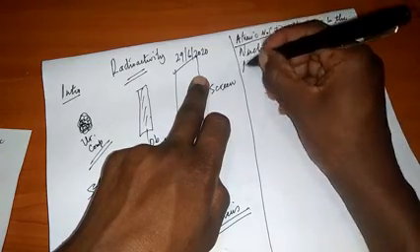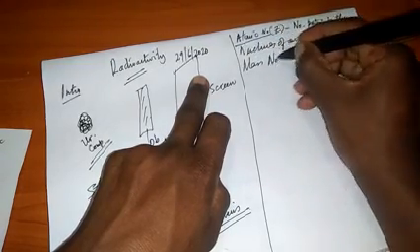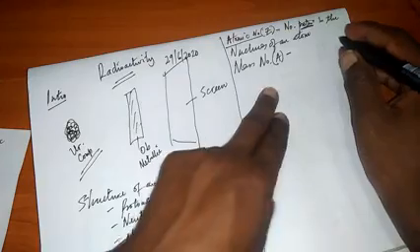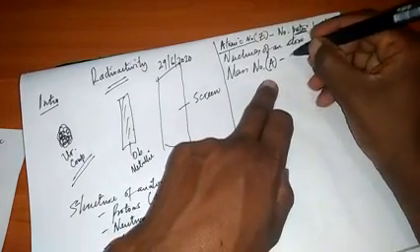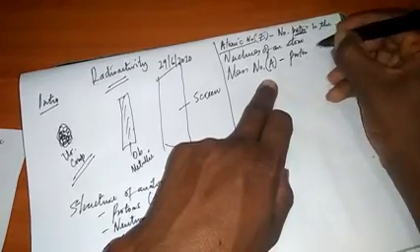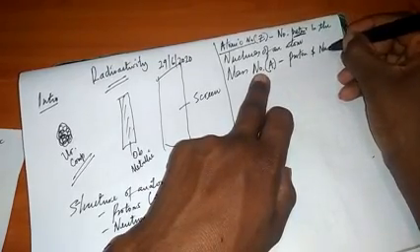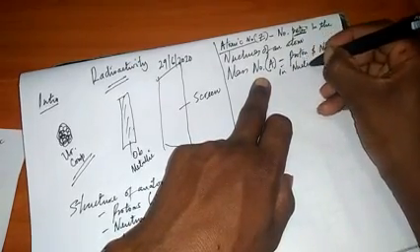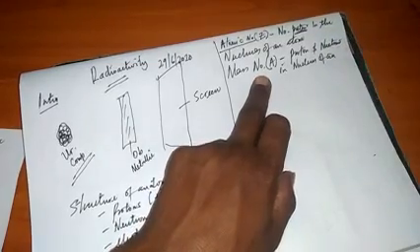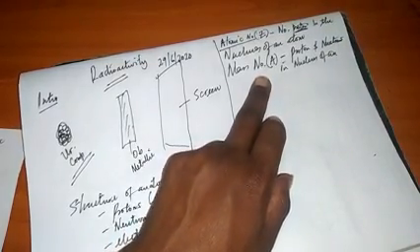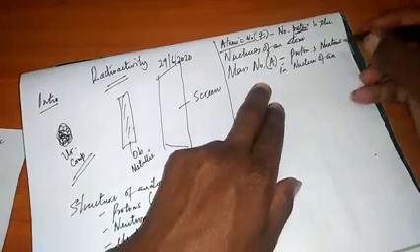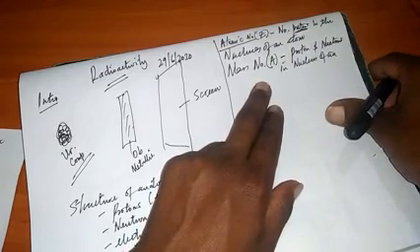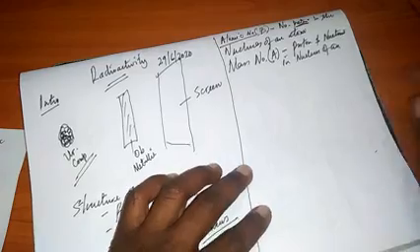We define another term which is mass number. Mass number, we denote it by the letter A. This is the total number of protons and neutrons in the nucleus of an atom, the sum of protons and neutrons in the nucleus of an atom.